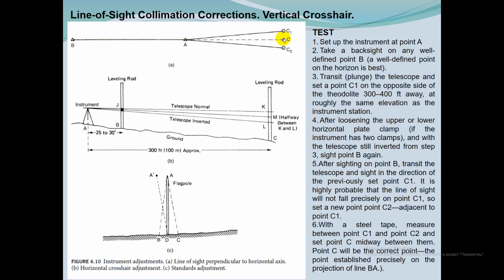Point C will be the correct point, and this sixth step also describes double centering, a surveying technique of producing a straight line.